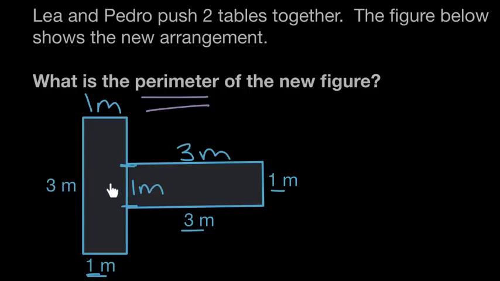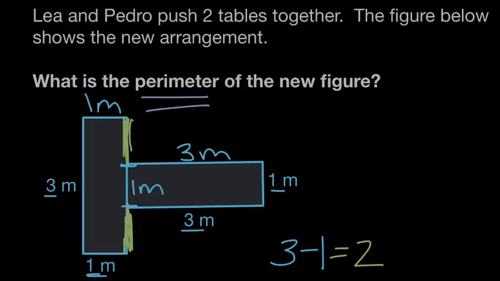But one of those meters was moved to the inside. So how many meters are still left here on the outside? We had 3 meters over here. We moved 1 to the inside, so we have 2 meters left on the outside. So this length and this length are a total of 2 meters.